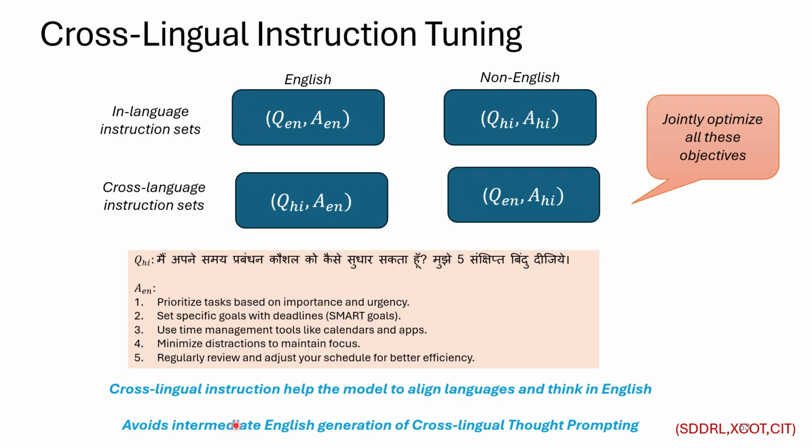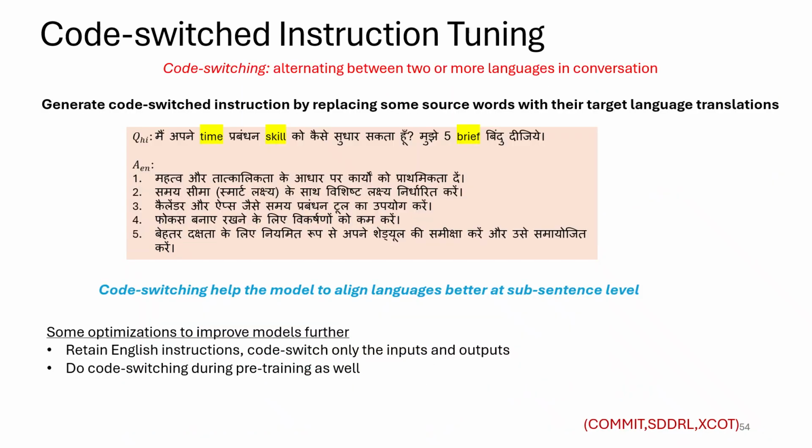Now, this is not explicitly using English generation, but it's been shown that this can be a good proxy for the kind of cross-lingual thought data in English that we saw earlier, and can bridge the gap while not needing as long a sequence generation as cross-lingual thought prompting.